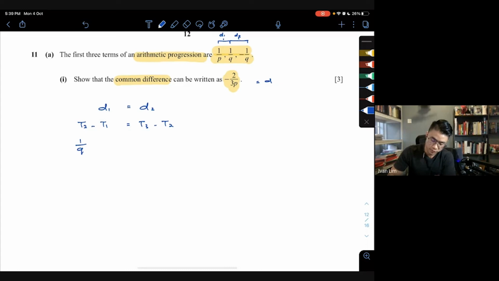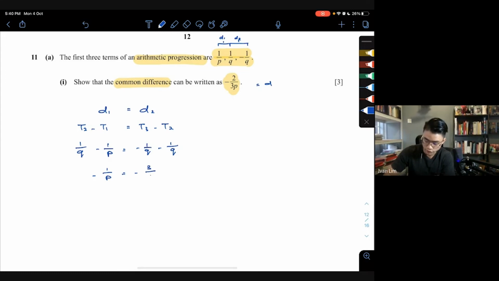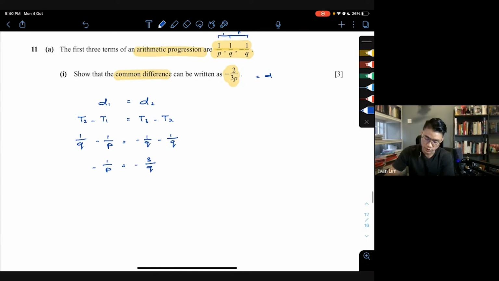You can write 1 over Q minus 1 over P equals negative 1 over Q minus 1 over Q. You get negative 1 over P equals negative 3 over Q, because negative 1 over Q minus 1 over Q gives negative 3 over Q.